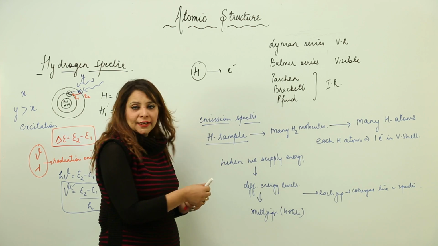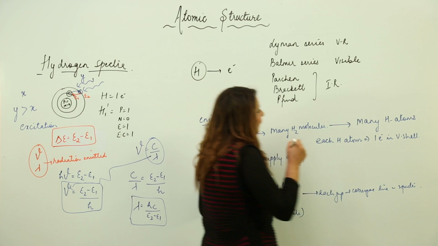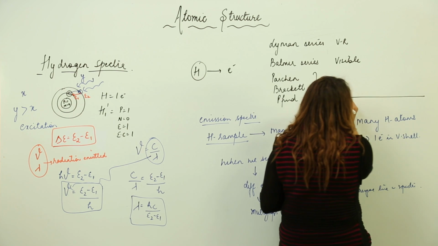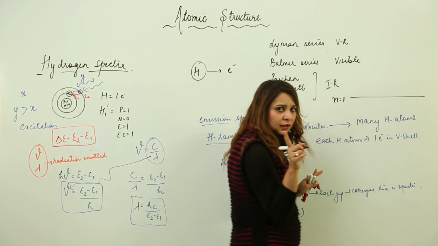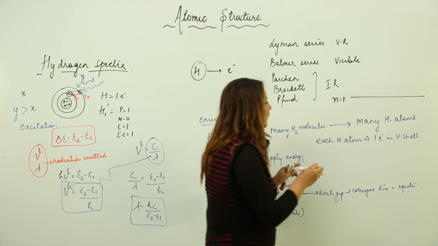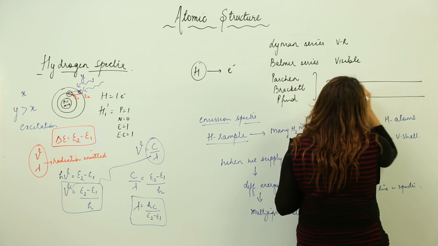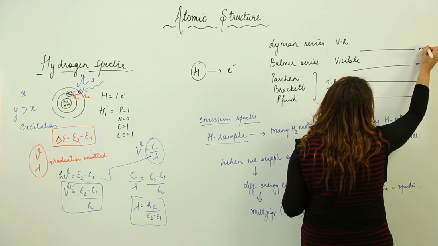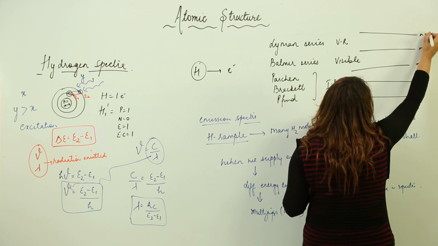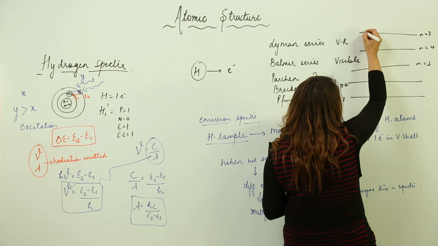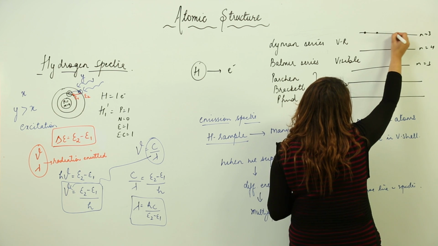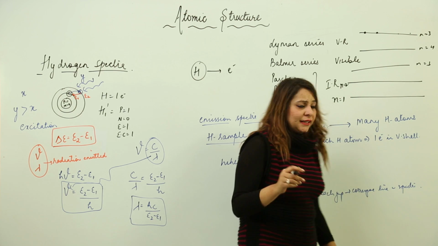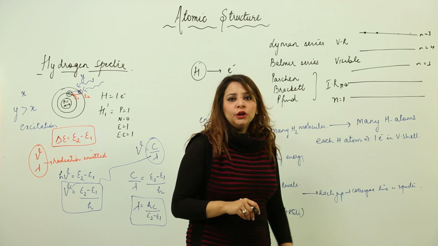For example, I am just trying to explain you diagrammatically. Let's say that electron is here in first shell. Then let us make the other shells also: n is equal to 2, n is equal to 3, n is equal to 4, because we have different series. Let's say the electron gets excited to this level, and it needs to come to n is equal to 1.